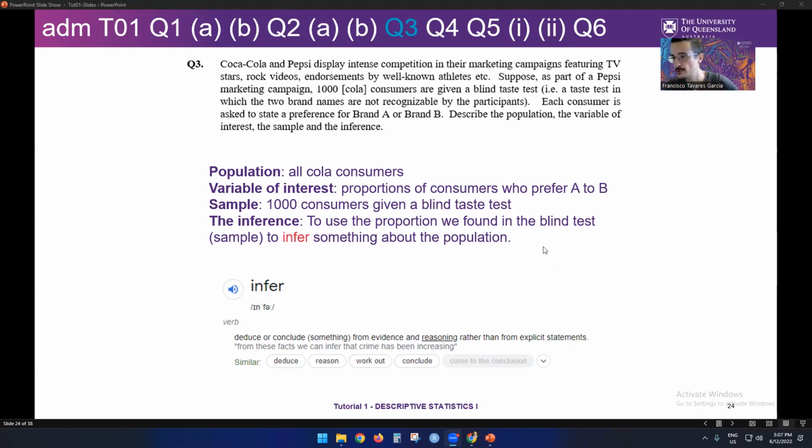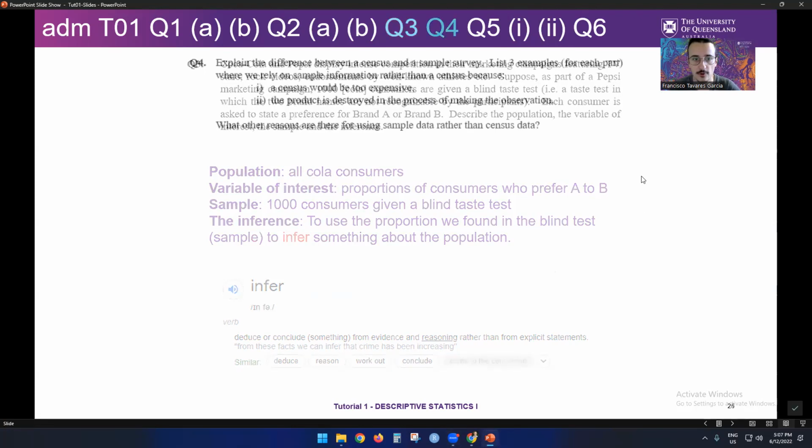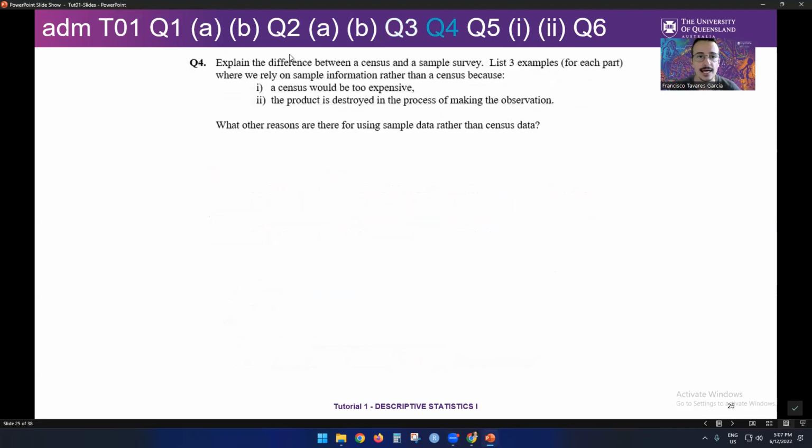If you don't have any questions for this one, I'll start moving to question 4. In question 4, there will be a few parts, but we will be discussing census and sampling. Explain the difference between a census and a sample survey. We pretty much talked about it already.